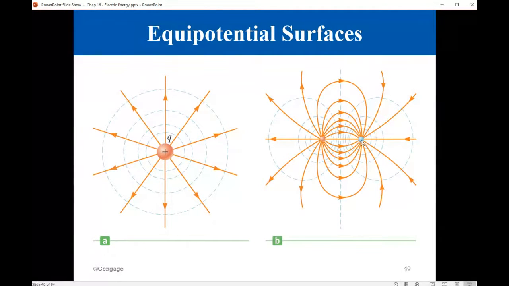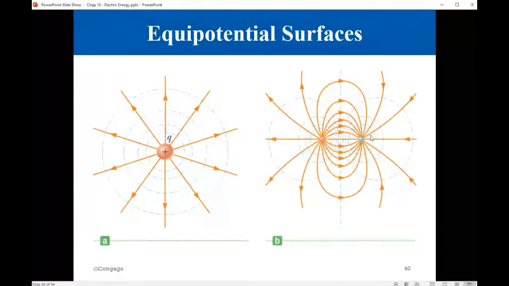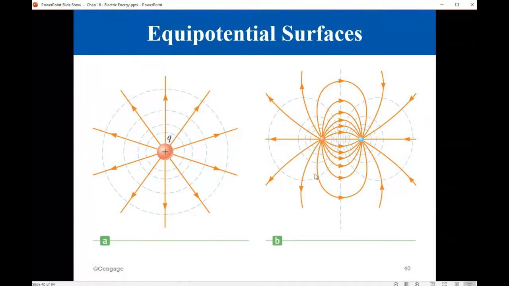If you have a dipole here, you have a negative charge and a positive charge, then these are the electric field lines as we explained last lecture. The equipotentials will be surfaces that are perpendicular to the electric field lines.